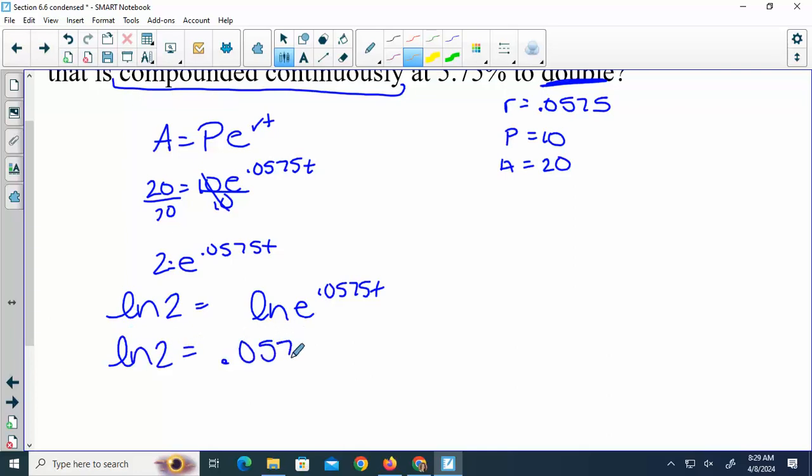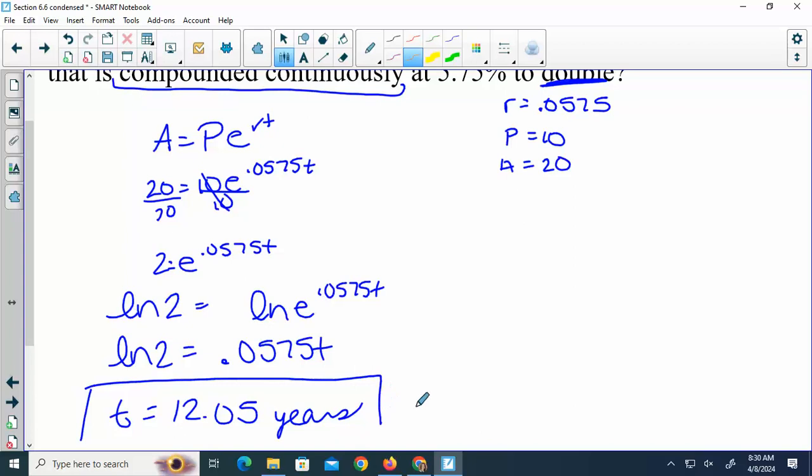We have 0.0575 T. So if you divide, T is 12.05. You could keep more decimals if you wanted, but this would be in years. Remember, anytime we're using this formula, T has to be in years.